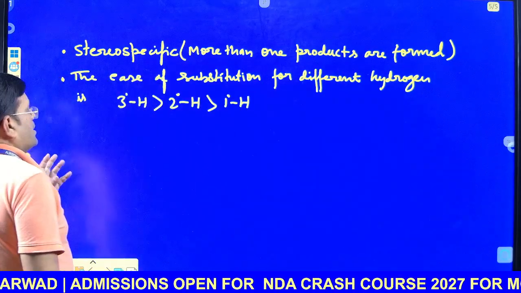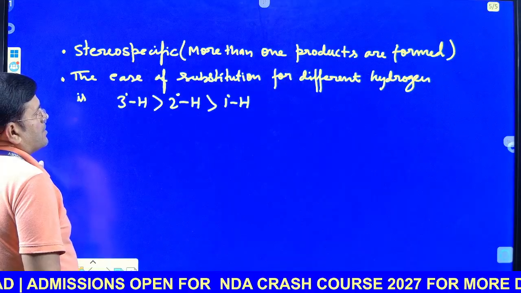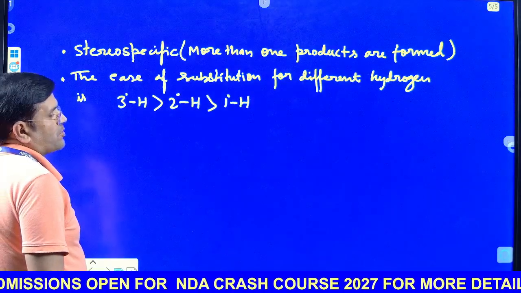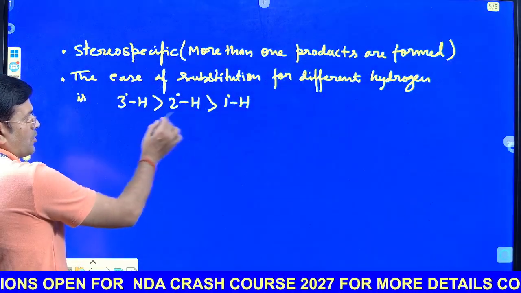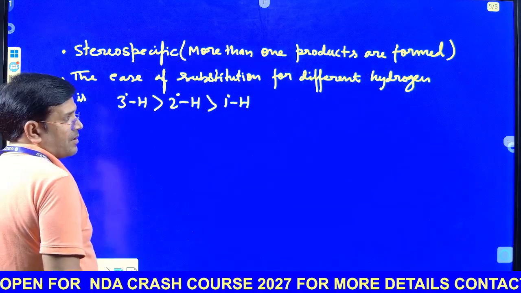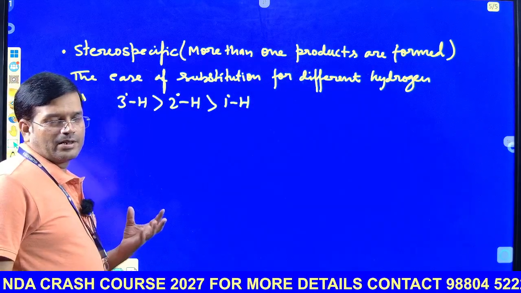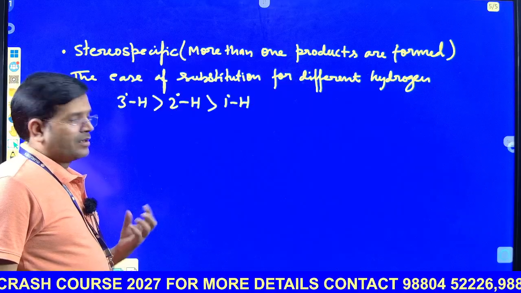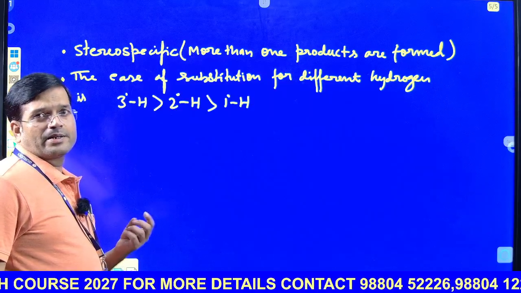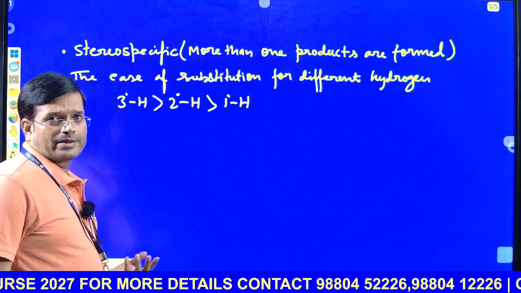It means if any alkane is carrying all three types of hydrogen, at least 3 monochloro derivatives will form, because in monohalogenation, how many products will form depends on the number of types of hydrogen atoms.